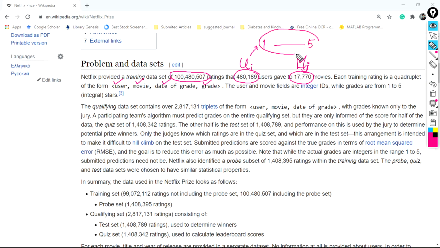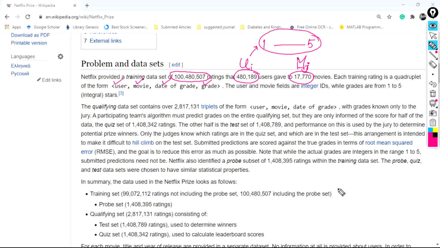In this way, they have given this much rating. Our job is to predict the ratings for those movies that have not been rated by the user. That is the job.